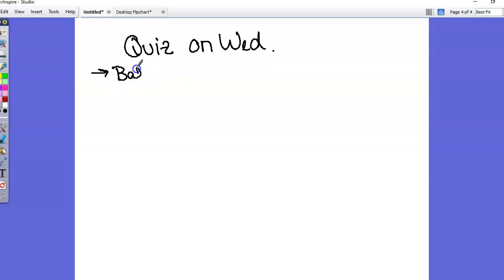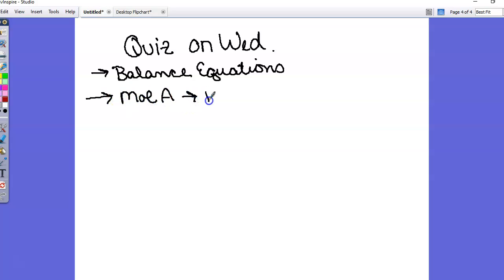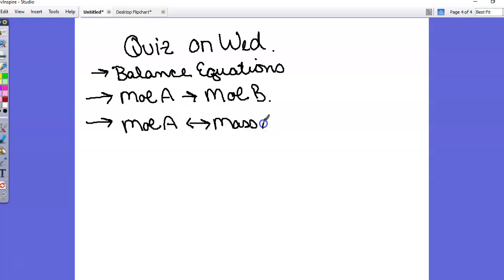You will definitely have to balance equations in order to do mole to mole problems. You will then maybe have mole of A to mass of A, which we did first, or mass of A to mole of A, and you may see a mole of A to molecules of A.